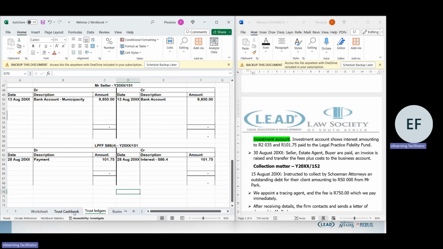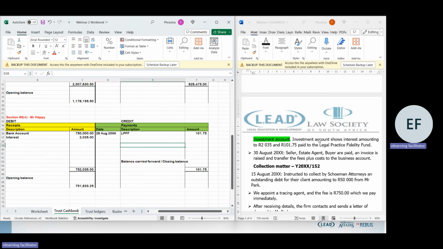Okay, and when we go back to our cash book, the idea here is that we are recalling. When we are recalling, we are going to find in the account 751,933.25, which is this less what has already been paid. So that is what we are going to recall and transfer so that we can finalize our matter.